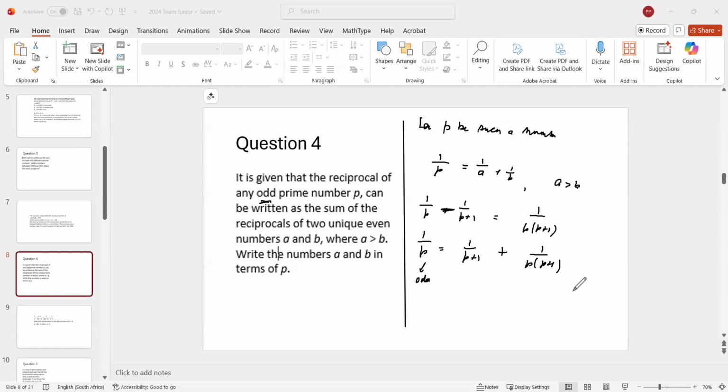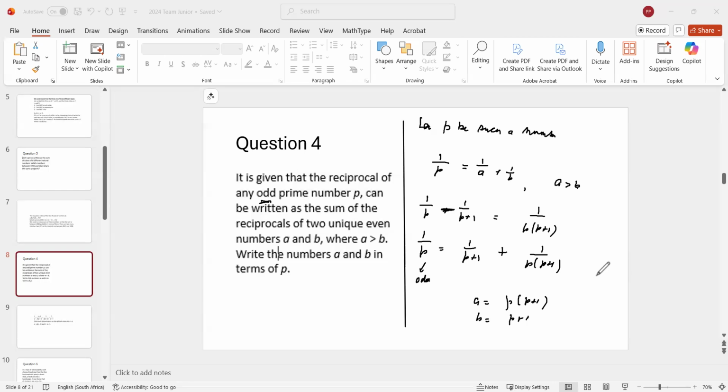Let's write the numbers A and B in terms of P. They say A is greater than B. So A will have to be P into P plus 1, and B is P plus 1. Oh, yeah, it's actually greater or equal to 2.